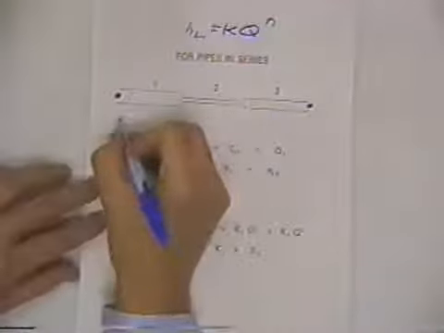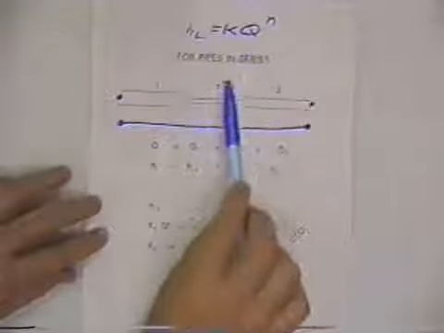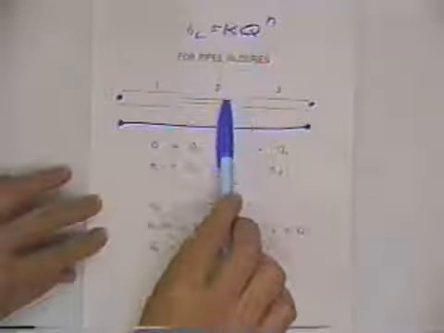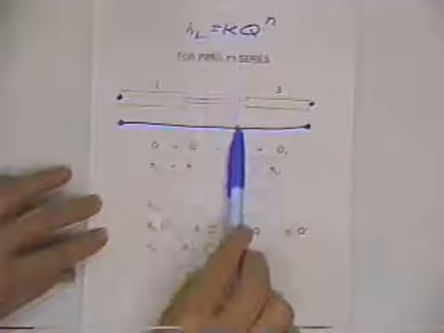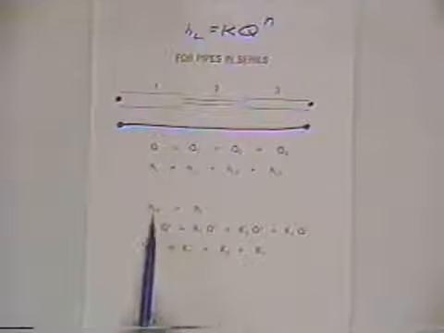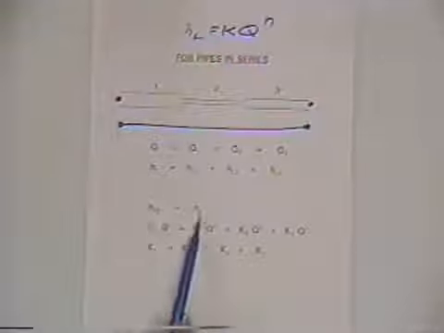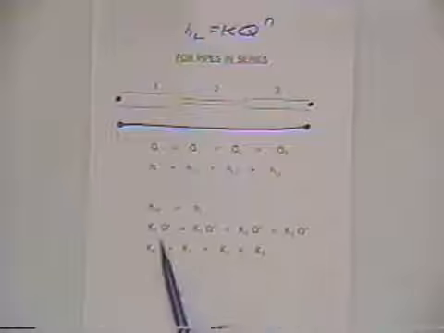You know, conceptually, you have a relationship that fits the actual pipes, the same relationship that fits a hypothetical single pipe, and if you did that for a given Q, the head loss in the equivalent pipe would be the head loss in the actual pipes.